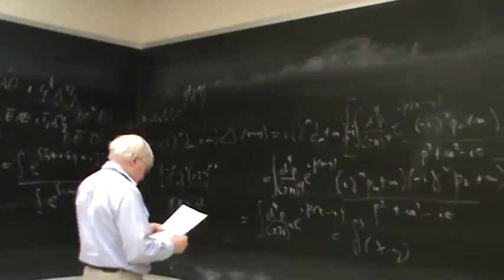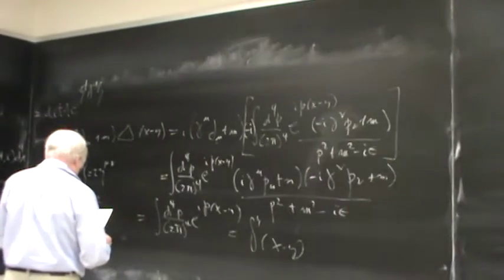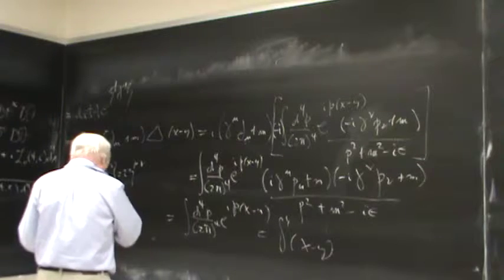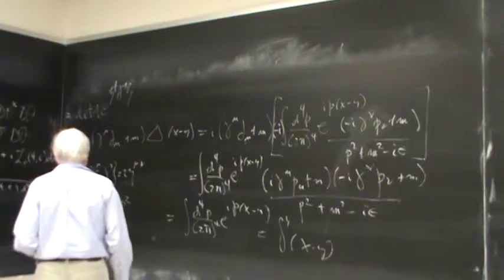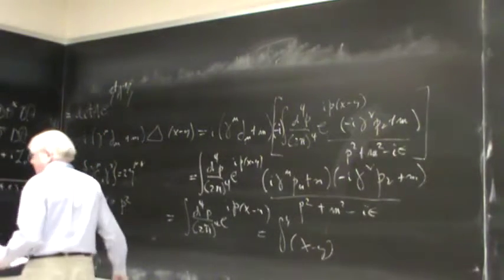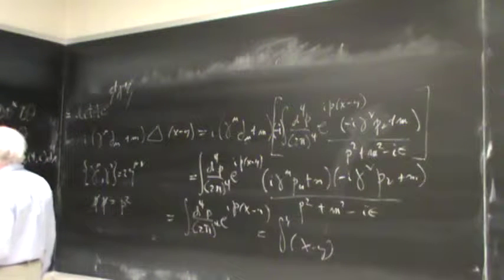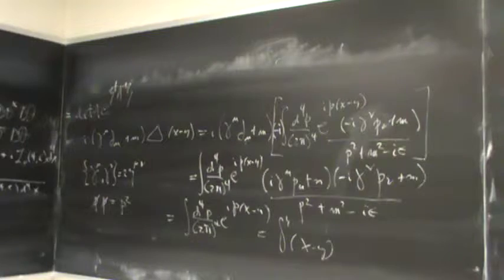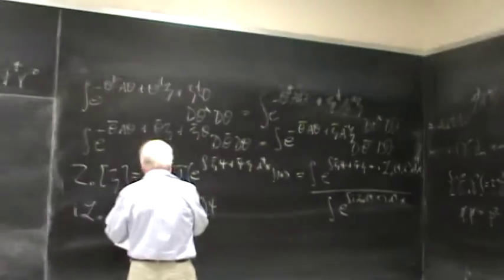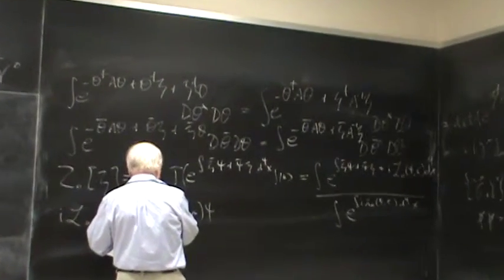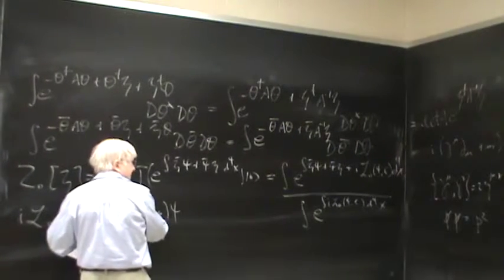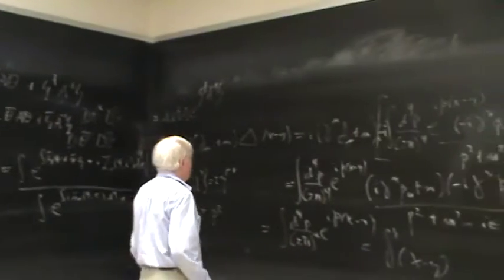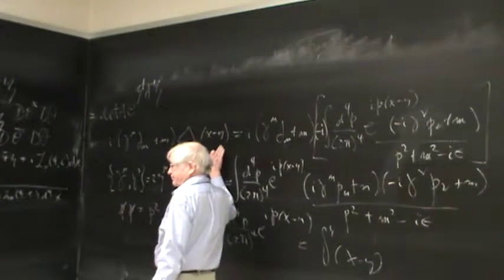Okay, so let's go to the next step here. What we can say then is that we've got a differential operator here, i gamma mu d mu plus m, and the inverse of that is this big delta.